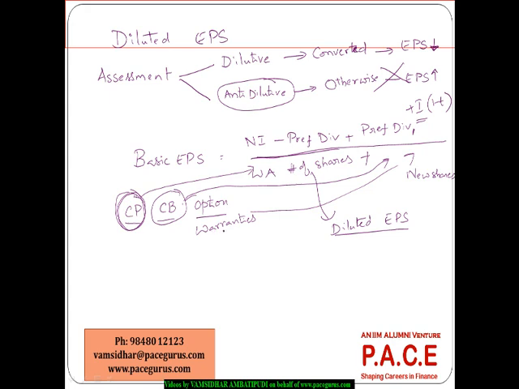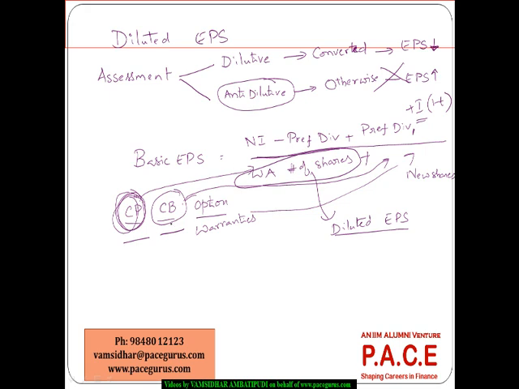So the denominator will be adjusted for the equivalent number of convertible preference stock which gets converted into equity, or convertible bonds, to how many equity shares they are all getting converted into. All these things I compute separately and I add them to this particular list.